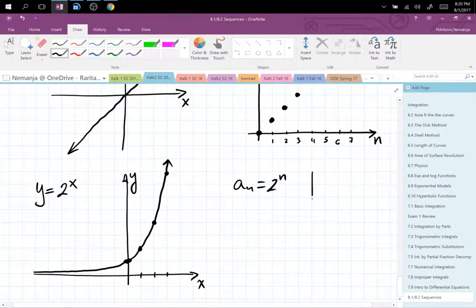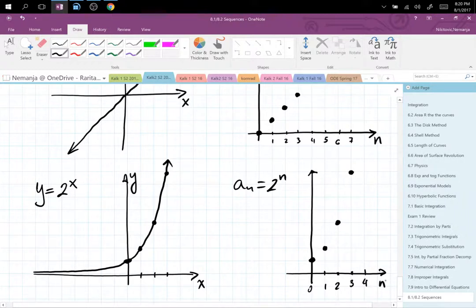So I draw the dot for n equals 0, n equals 1, n equals 2, n equals 3, and then it becomes too large to draw.